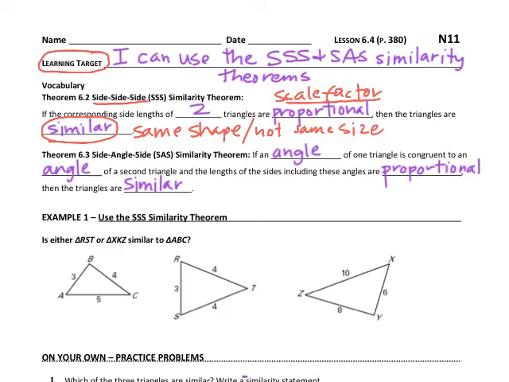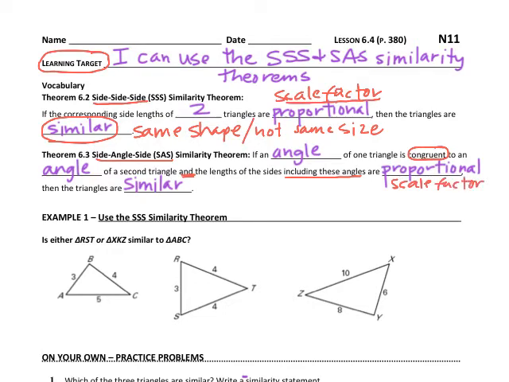Okay, and then we have our next theorem, which is the side angle side similarity theorem. If an angle of one triangle is congruent to an angle of a second triangle, and the lengths of the sides, including these angles, are proportional. Remember, proportional means they have the same scale factor.